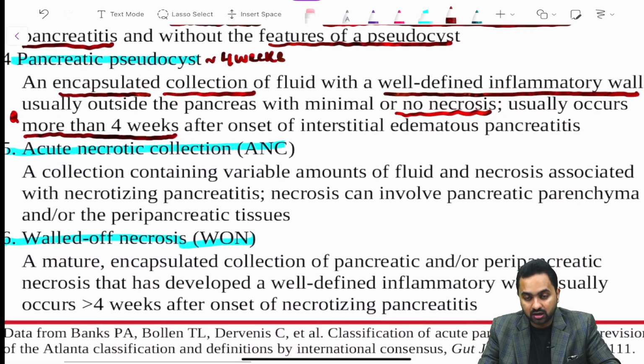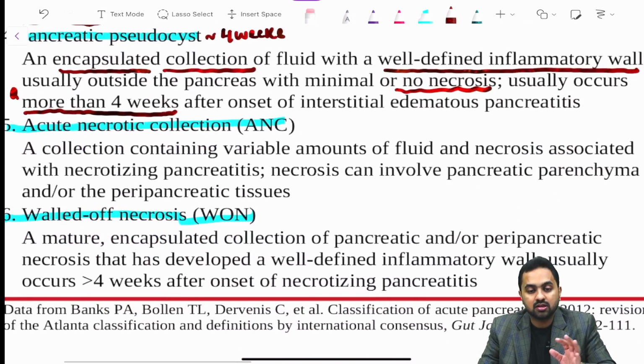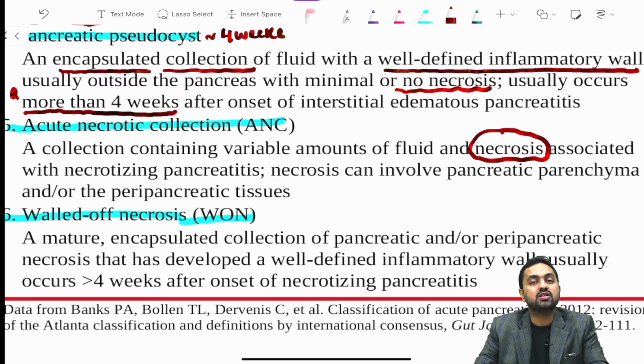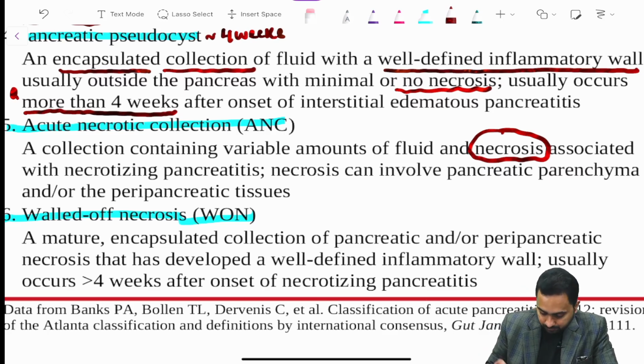Then we have your acute necrotic collection. So this is the collection containing your variable amount of fluid and necrosis, which is associated with your necrotizing pancreatitis. Now this necrosis can involve pancreatic parenchyma as well as your peripancreatic tissues. Then we have this walled off necrosis.